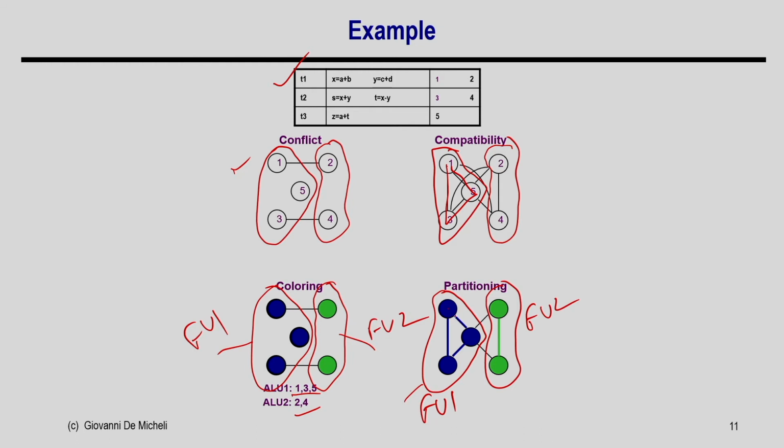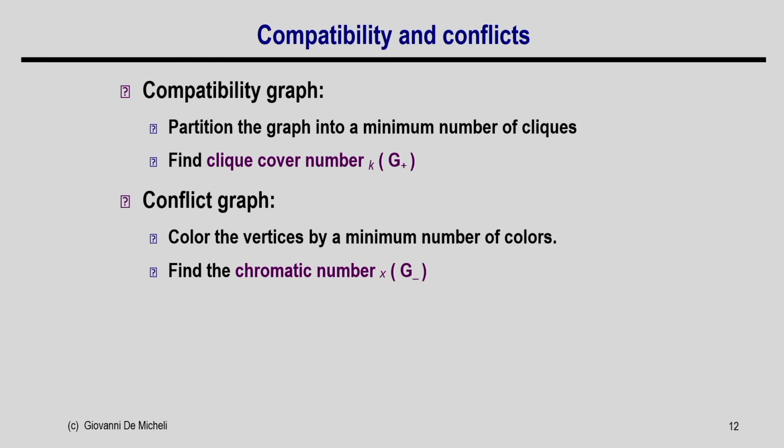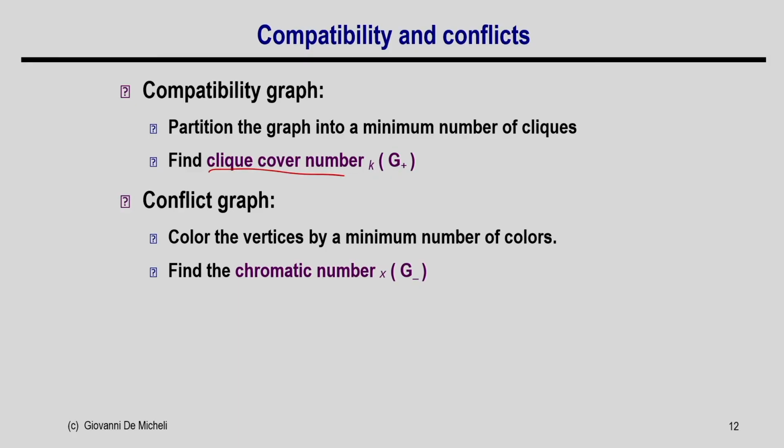So, this is clique 1, this is clique 2, and one clique represents one FU, and allocation and binding is done. Okay. So, to summarize the discussion so far, the problem of doing this allocation and binding is nothing but identifying the compatibility graph and doing the clique cover problem, or you construct the complete graph and you identify the graph coloring.